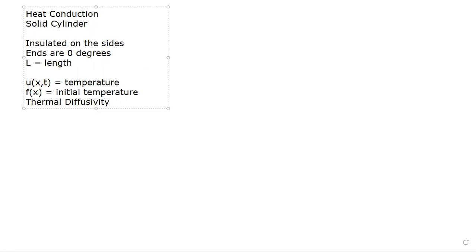It's a constant for any given material, and that is going to be alpha squared. So this alpha squared is going to be k over rho times s. k is the thermal conductivity of the object, rho is the density, and s is the specific heat. So it's how we can establish that.